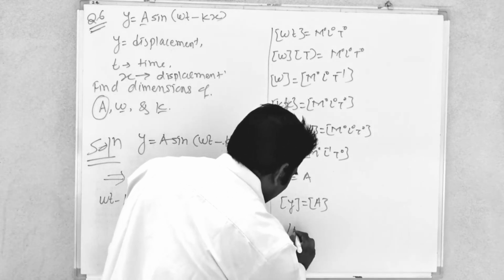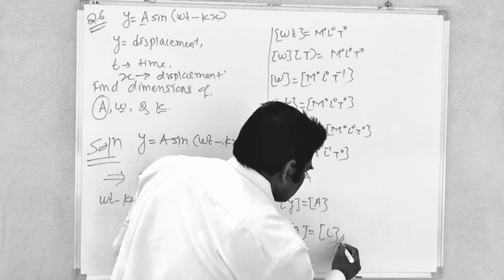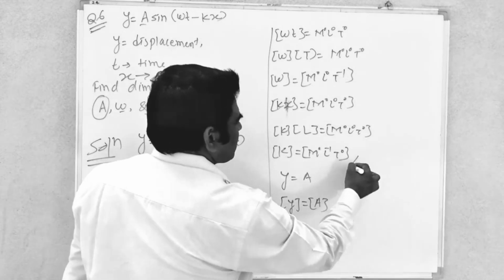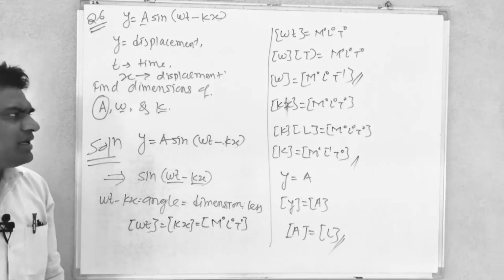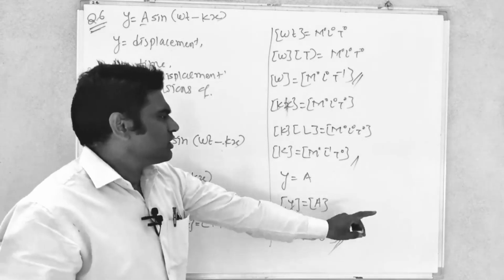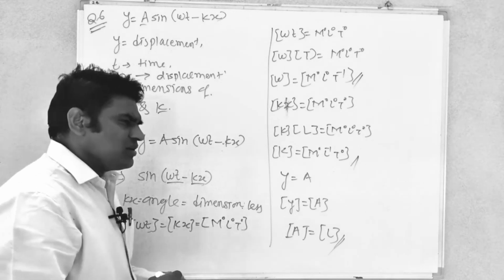Displacement. So the dimension of A is equal to L. So this is the dimension of A, this is the dimension of k, and this is the dimension of omega. Clear? M0 L1 T to the power 0. So in this way we can solve the numericals.